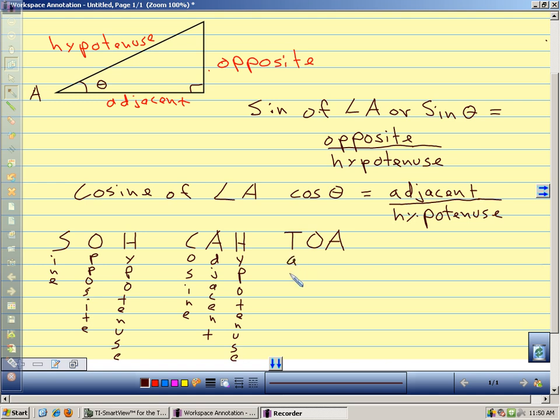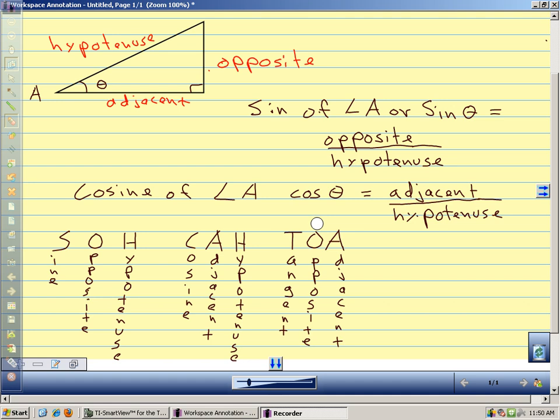And the tangent is the opposite over the adjacent. So this is how we remember our three main trig ratios, SOHCAHTOA. Sine is opposite over hypotenuse, cosine is adjacent over hypotenuse, and the tangent is opposite over adjacent.